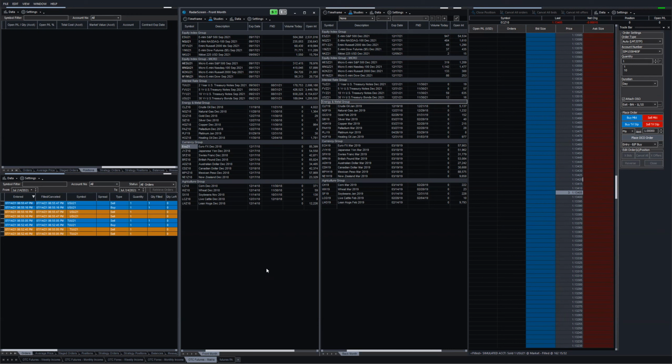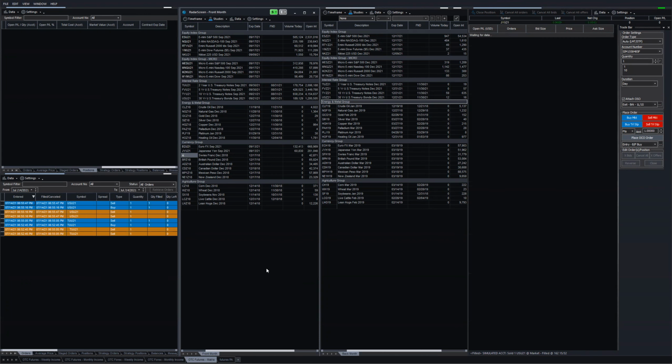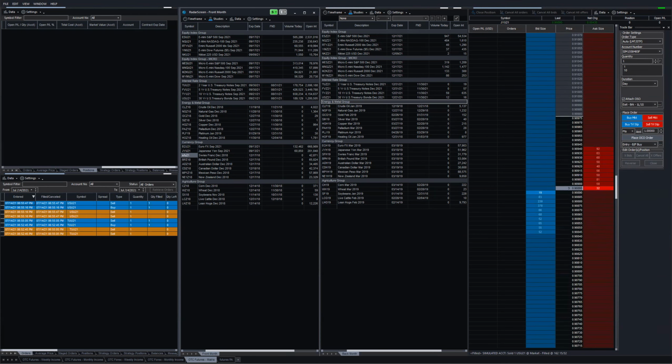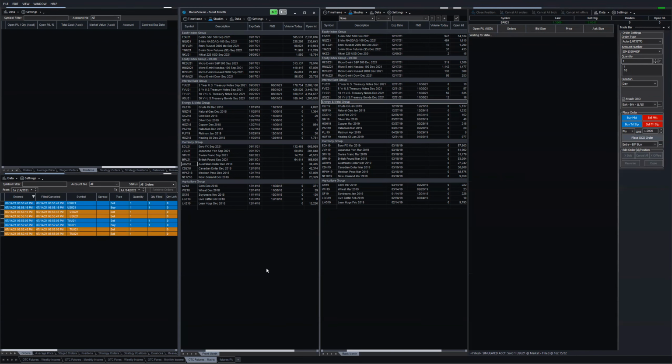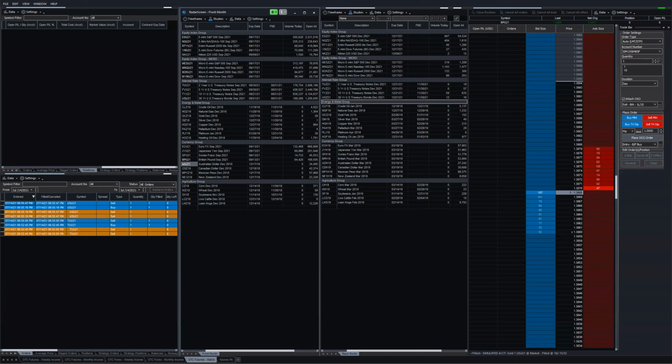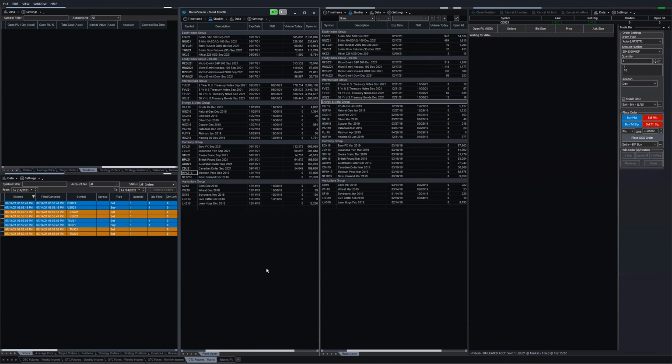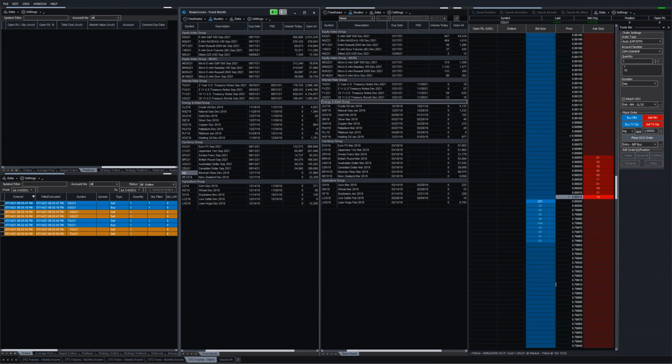ECU21, JYU21, SFU21, BPU21, ADU21, CDU21, MP1U21, NE1U21.